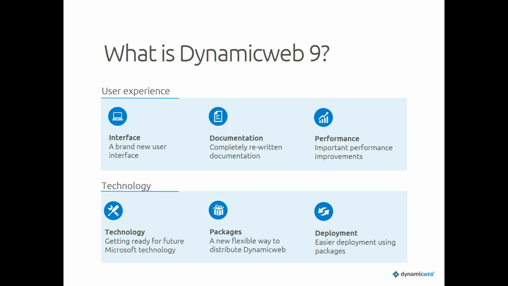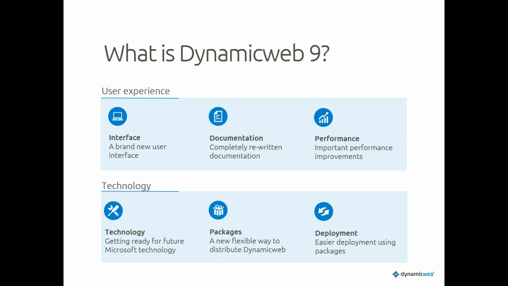And we also worked a lot with performance on the administration part especially. Some of the things that could have been faster in the old version of Dynamicweb are much more performant in Dynamicweb 9. We've rewritten a lot of the user interface, especially the trees and the overall structure of the administration, and you will see it performs much better than Dynamicweb 8.